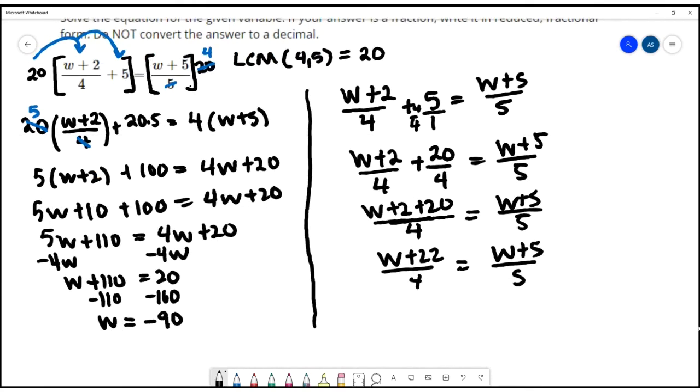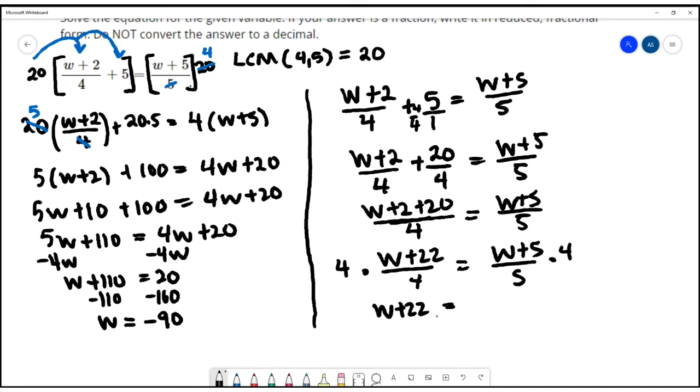And now I will multiply both sides by 4. And this cancels out the 4 to give w plus 22.